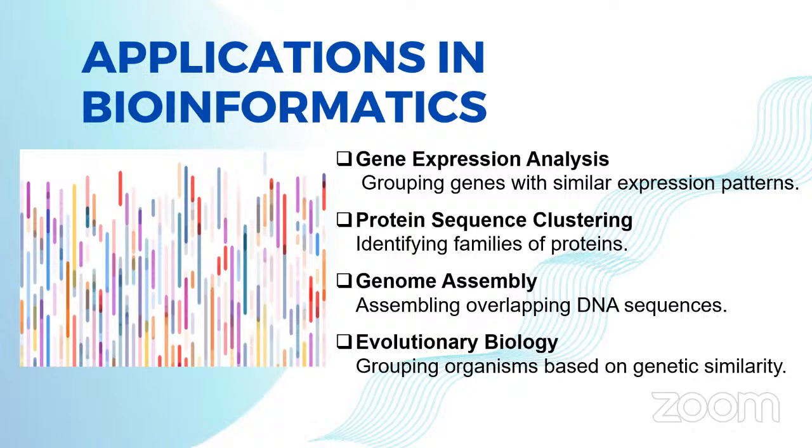Algorithms like BLAST, Clustal Omega, and ClustalW are some tools which use these algorithms to align the protein sequences and cluster them based on sequence similarity, identifying the families of related proteins. Generally, in BLAST and Clustal Omega, hierarchical clustering can be seen.